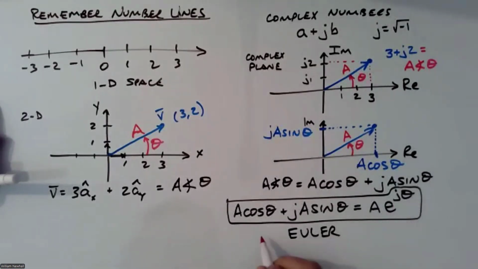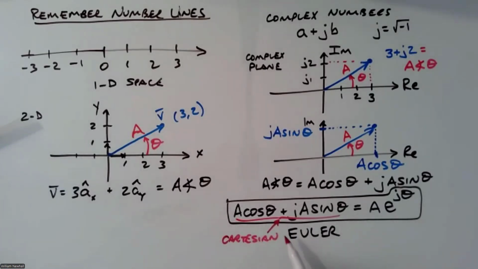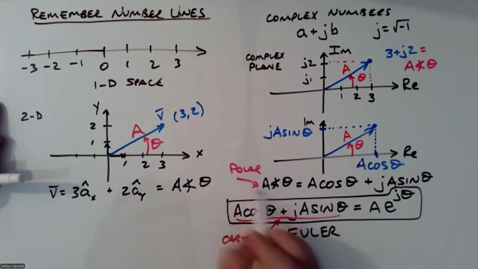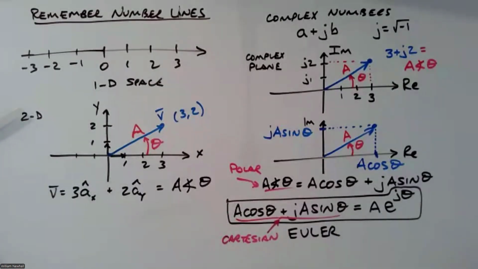We have Cartesian or rectangular, which is just x plus y, or real plus imaginary. We have polar. And now we have exponential.